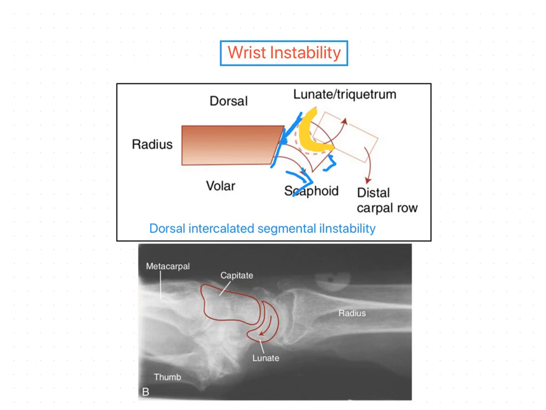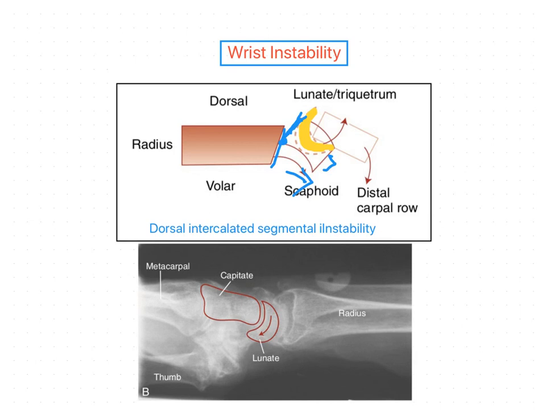Only some part of the scaphoid is attached to the radius, and the proximal part, that is the base of the scaphoid, is going to slide dorsally and it is in subluxation.